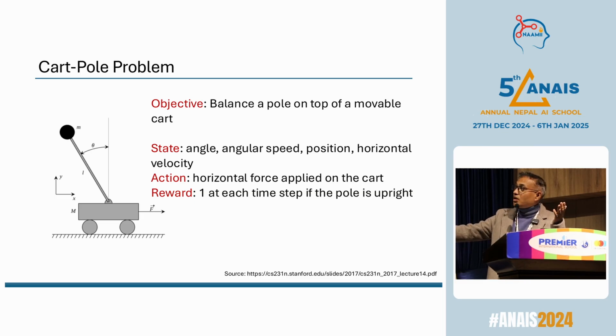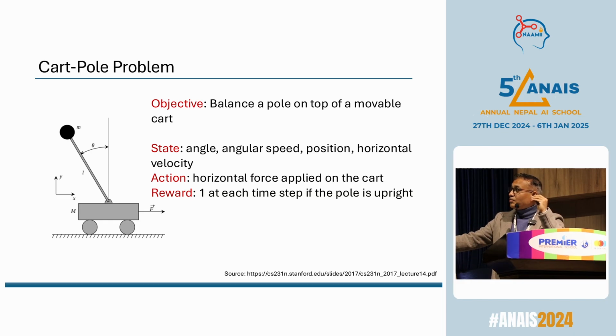Then the agent gets one as a reward. If it doesn't balance itself and it falls down with this particular force, with this particular action, then you are going to get 0 as a reward. So with that 0 and 1 reward, the agent will learn, okay, this particular force is needed when the state is something like this. Are you getting my point?